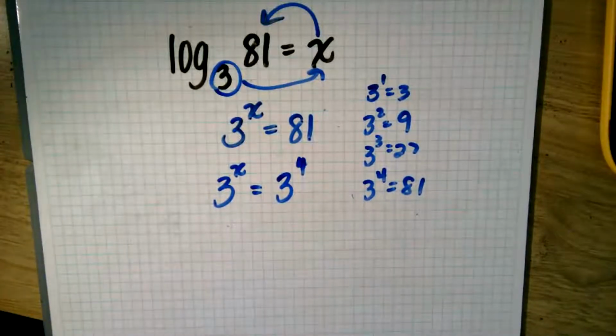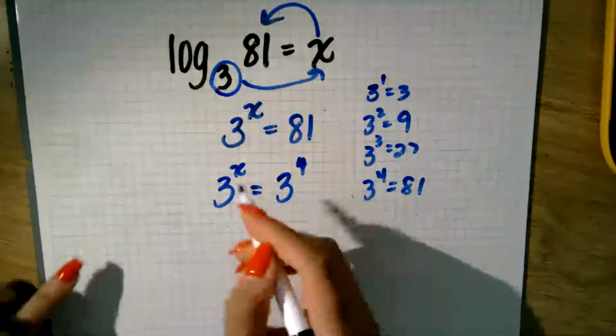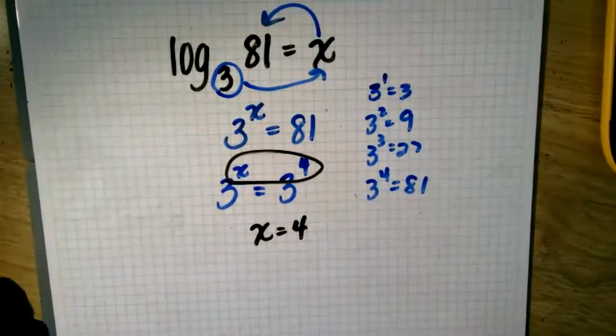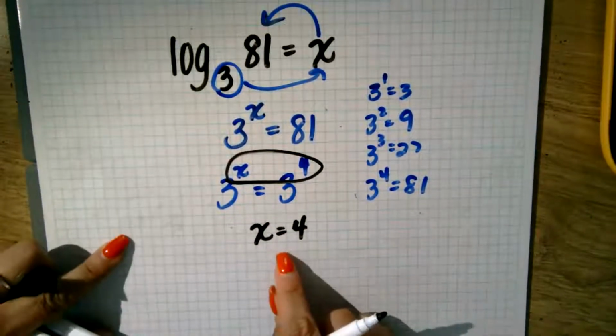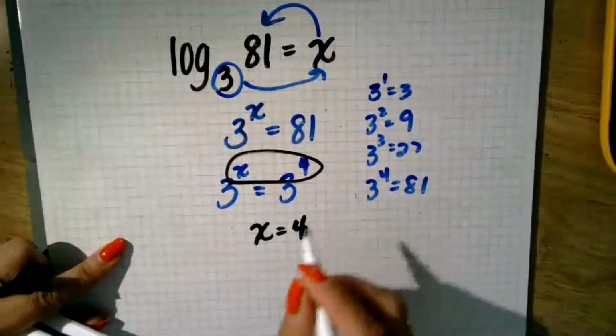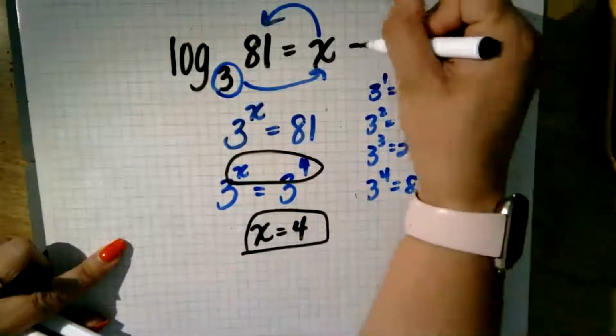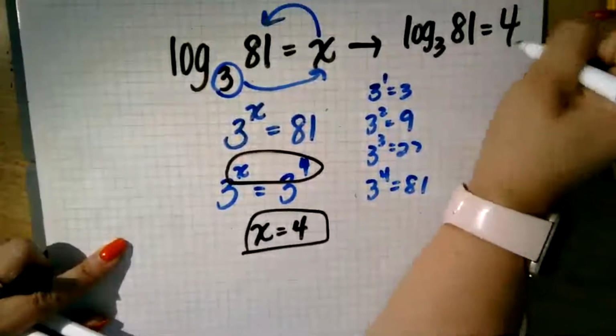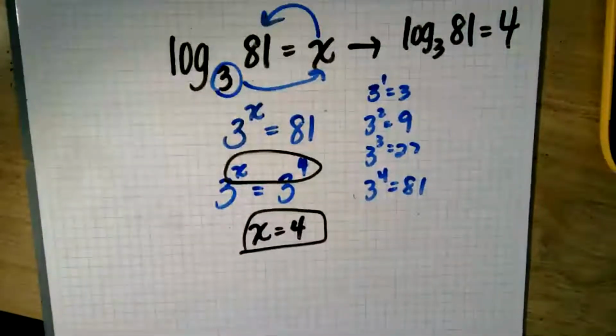My bases are now equivalent. So now all I have to do is analyze the powers. 3 to the 4th power gives me 81. So all I have to say is x is equal to 4, because now log base 3 of 81 is equal to 4 is true. Cool?